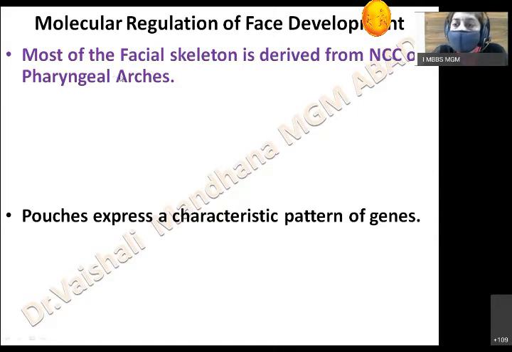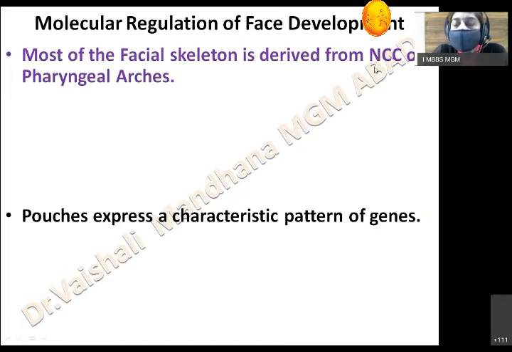So neural crest cells migrate to the pharyngeal arches, and these neural crest cells form the cartilage in the pharyngeal arch. This cartilage may remain as cartilage, it may form bones, or it may form ligament.